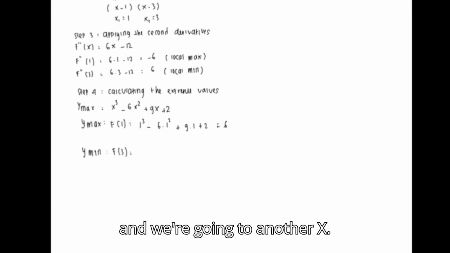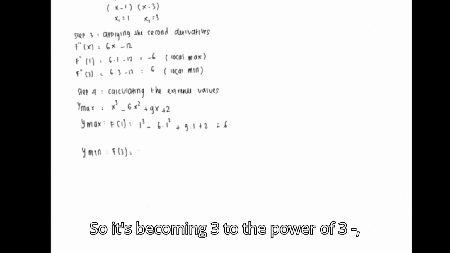Alright, so the local maximum is 6, and we go to the other x. So it becomes 3 to the power of 3 minus 6 times 3 squared plus 9 times 3 plus 2. It equals 2. So we got the local minimum is 2.